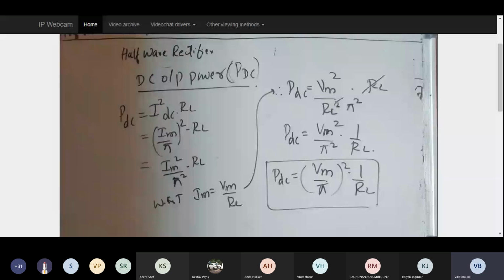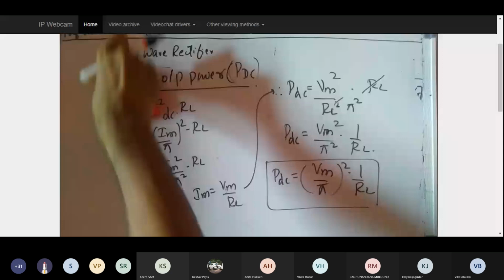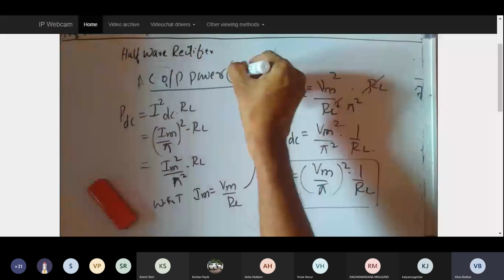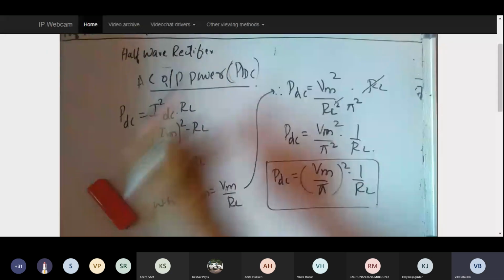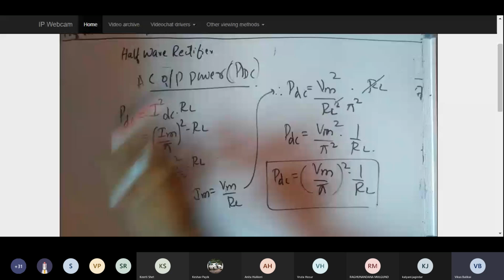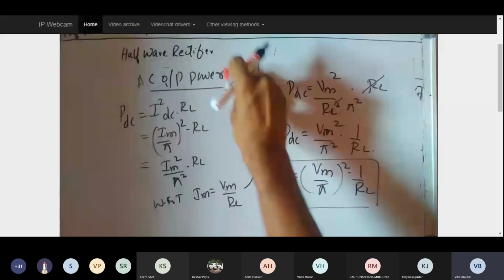Now if somebody asks you what about input power? Input power is an AC power, and you can call it AC input power. Since output is DC, we call it DC output power, and since input is AC, we call it AC input power. In that scenario, AC is no more represented as AC, it is represented in terms of root mean square value.